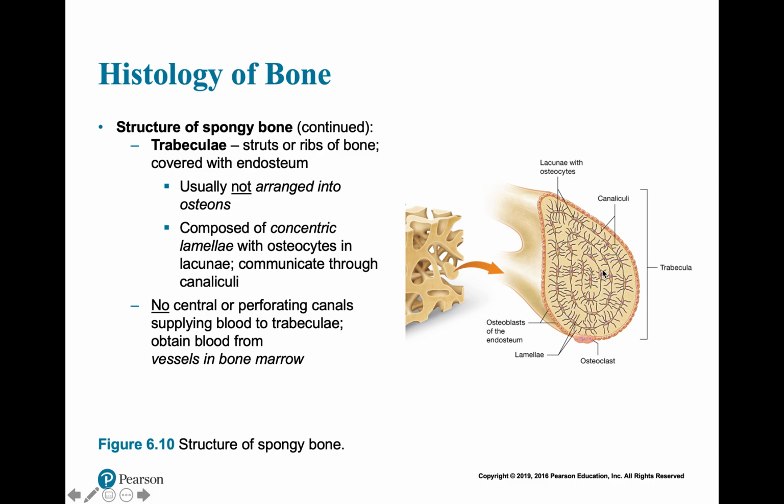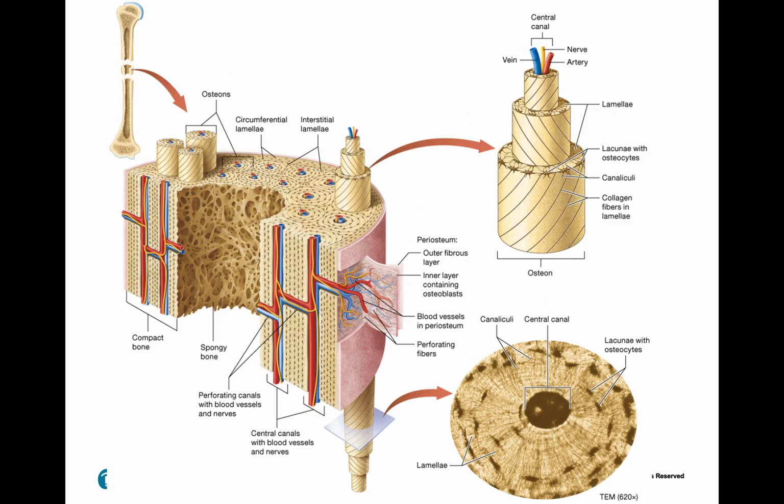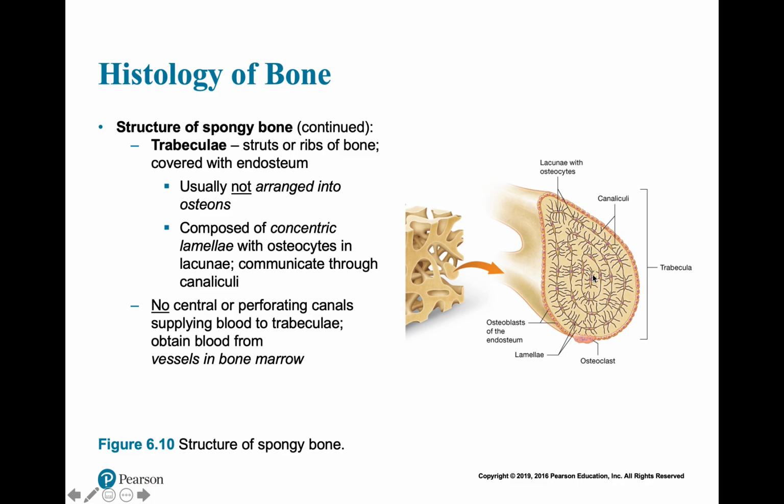These osteocytes have canaliculi that are going to allow for communication between neighboring osteocytes. But we do not see an osteon the way we saw it here. There's no central canal.